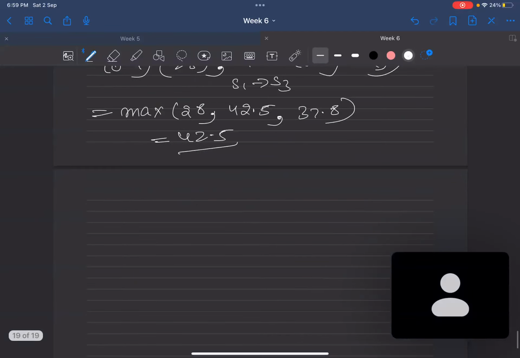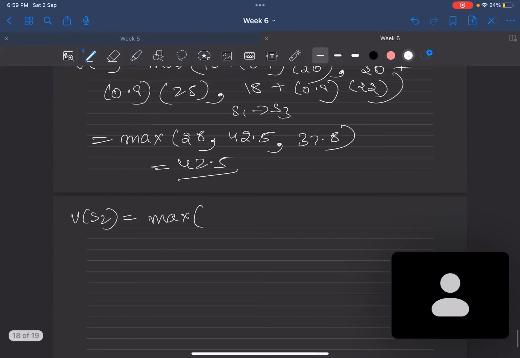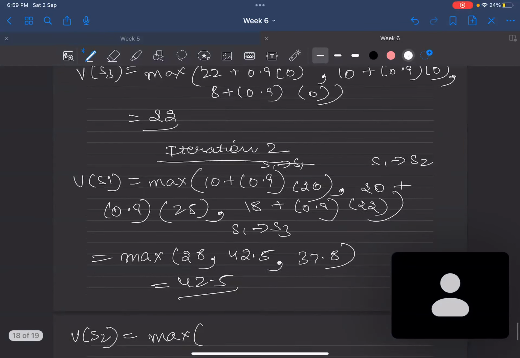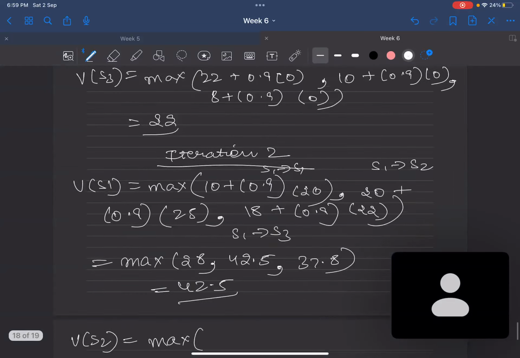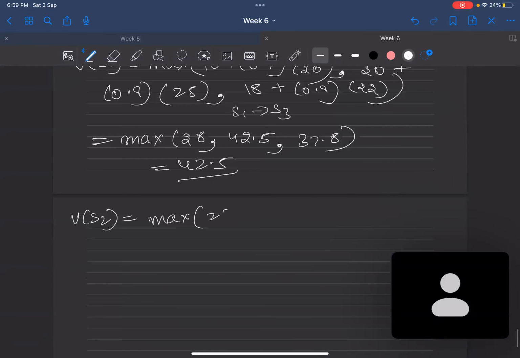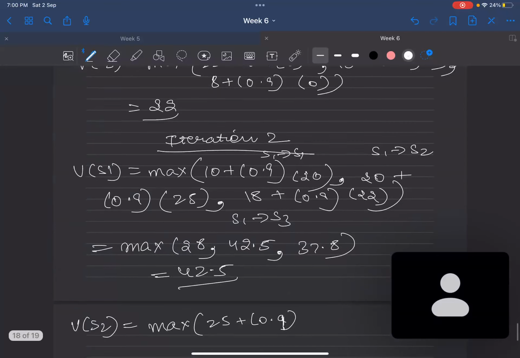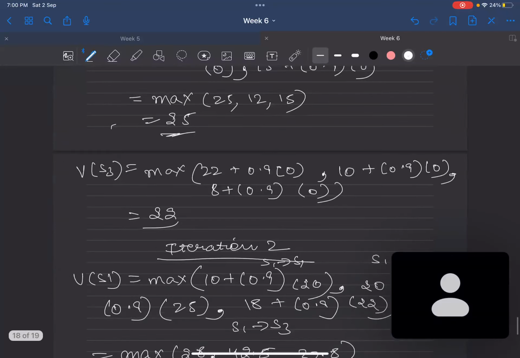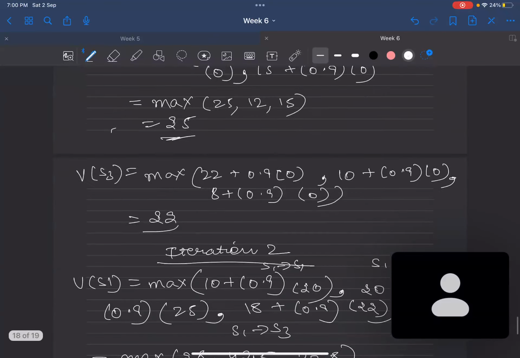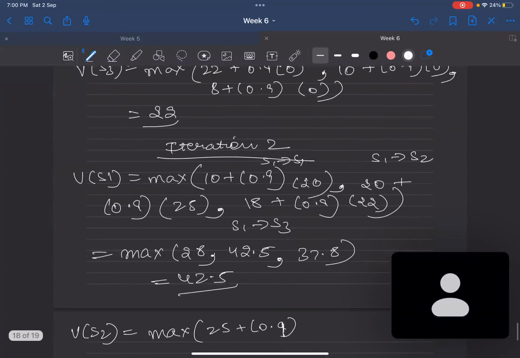Okay, now coming to S2. Can someone tell me what is the S2 to S1 reward? 25. 25 plus 0.9 into V of S1 in the previous iteration, 20.